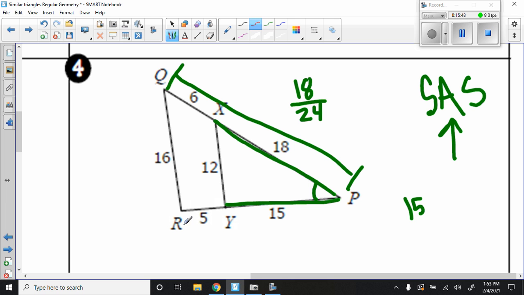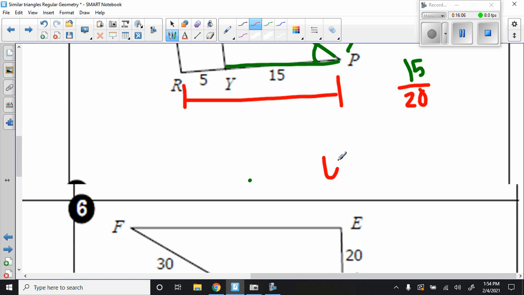The bottom of the big triangle is 20. I am testing: is 18 divided by 24 equal to 15 divided by 20? They are both 0.75. Then this is a yes. These are similar by SAS.